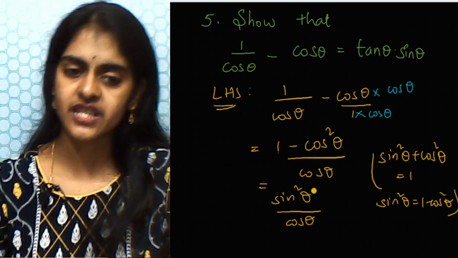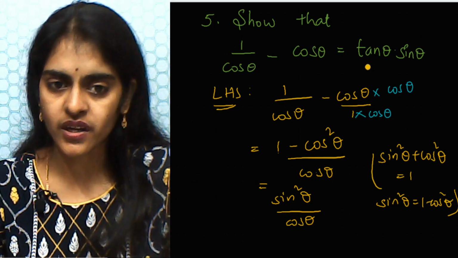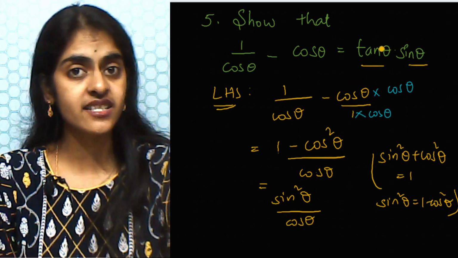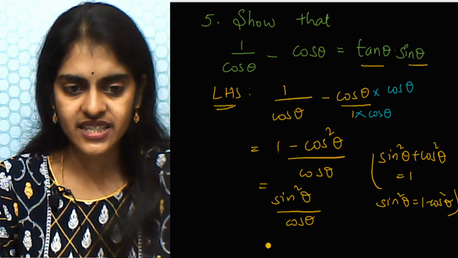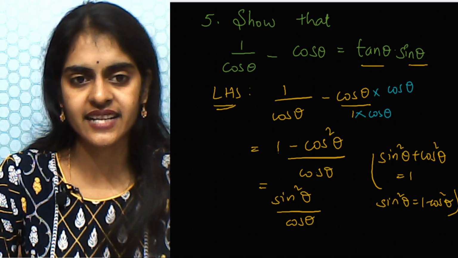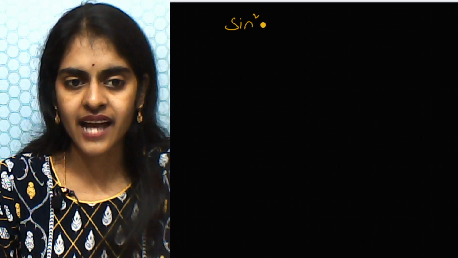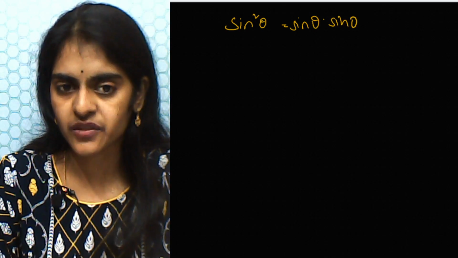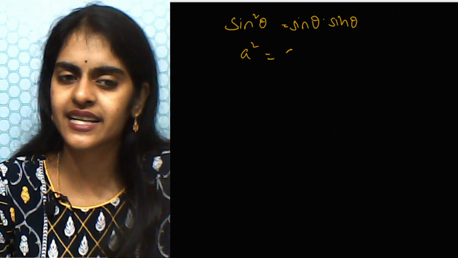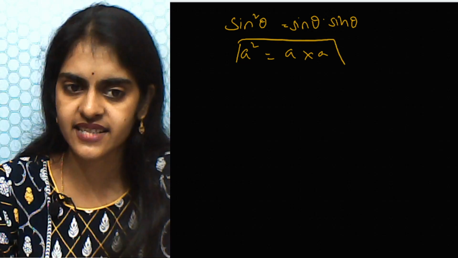Now just see, I want it as tan theta sin theta. RHS is tan theta sin theta, that means 1 sin theta you will have extra. So this sin square theta I can write as sin theta multiplied by sin theta. It is like a square, you write it as a multiplied by a, isn't it the same thing?